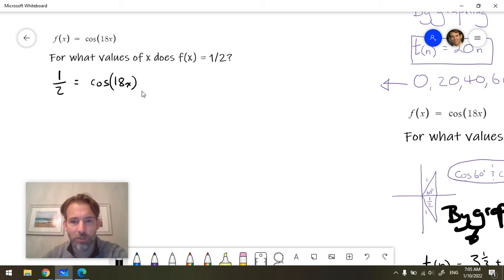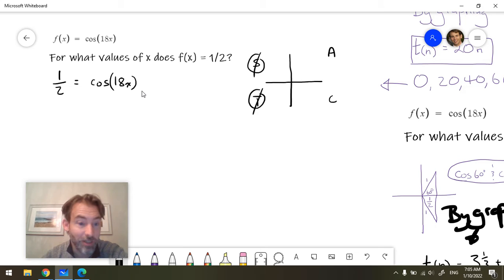Well, you want to think of your unit circle, and you can also use your CAST rule. Okay, so I know cosine is positive down here. All of them are positive up there, so that's where I'm going to find my two solutions. The S and the T from the CAST rule are not going to give me solutions because cosine is not positive over here. It's only positive over there. I want to create a situation where this is 1 long and this is 1/2 long.